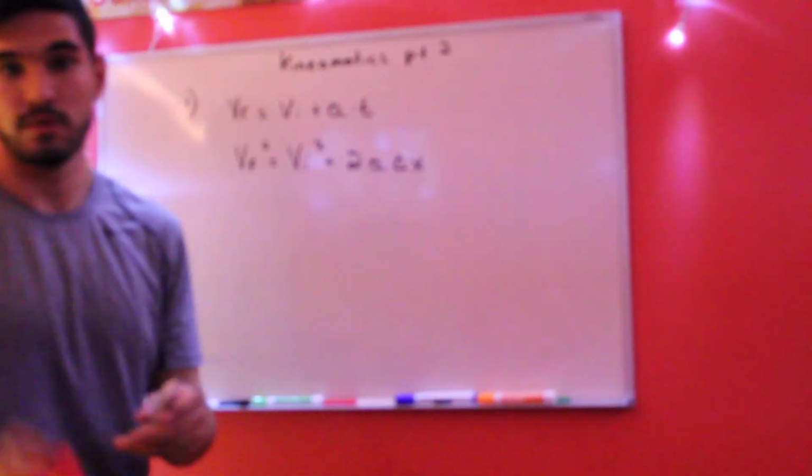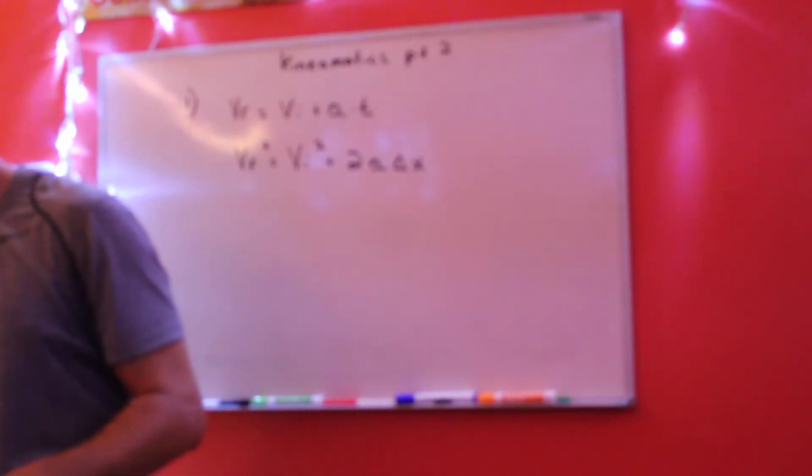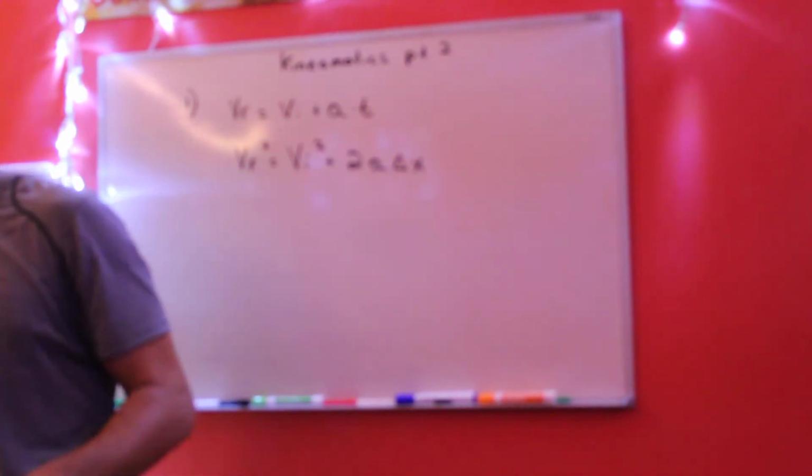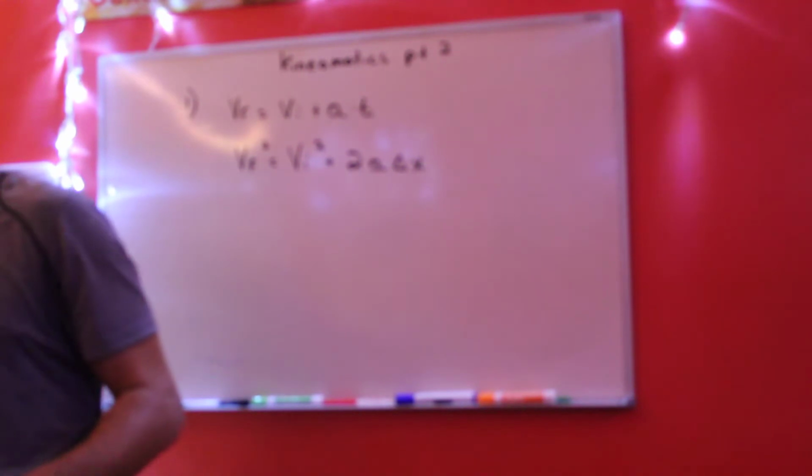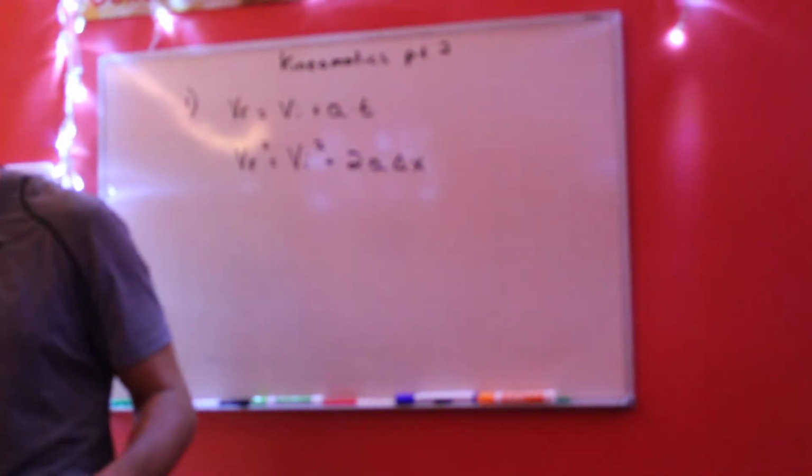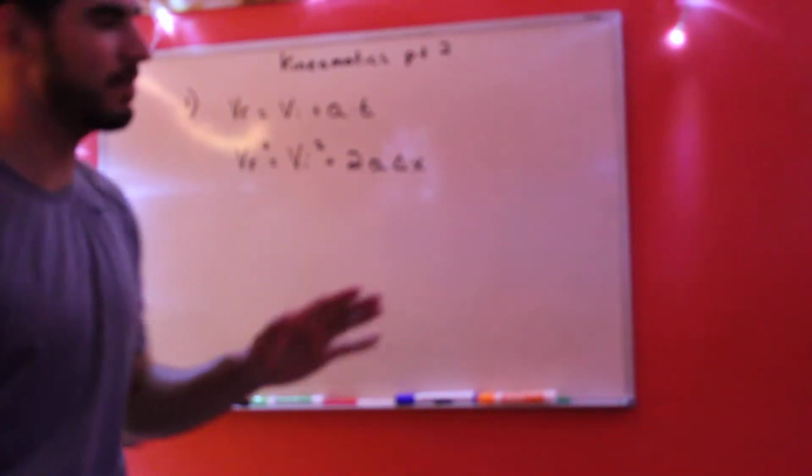Now, there are 2 more kinematic equations that we have. And I'm just going to look them up right now just to be absolutely positive. I'm pretty sure... Actually, you know what? I'll do it.